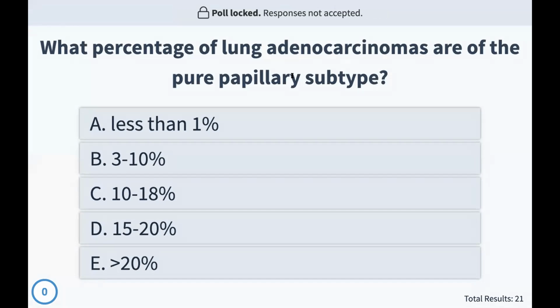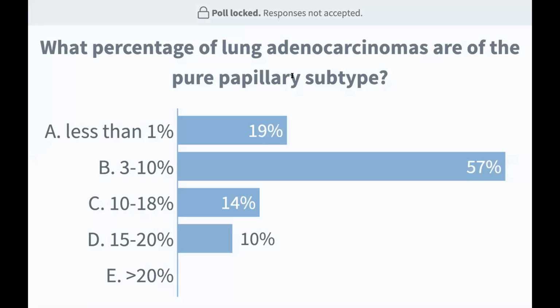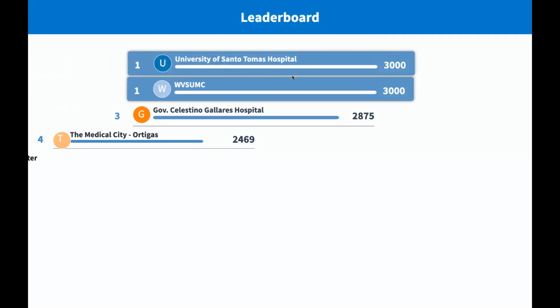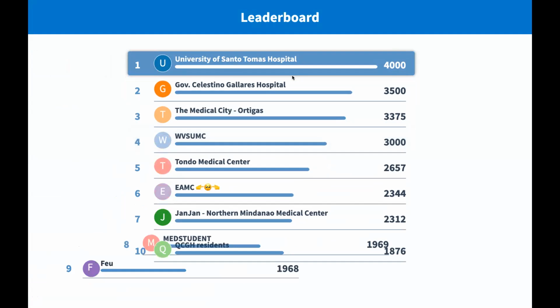All right, time is up. Correct answer, 3 to 10%. And let's look at the leaderboard.